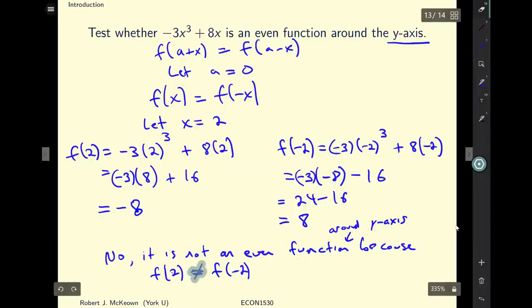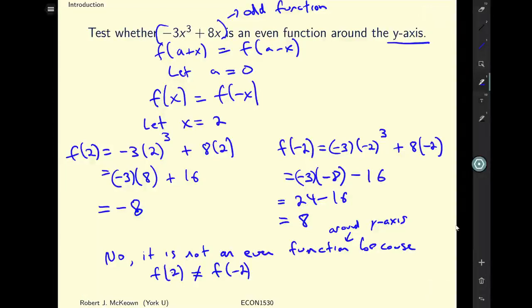They're not equal to each other. In fact, this is actually an odd function. So if we tested it to see whether it was symmetric around the x-axis, we would find that it indeed was. But that's not what the question was asking us, and that's not something I'm asking you to do.